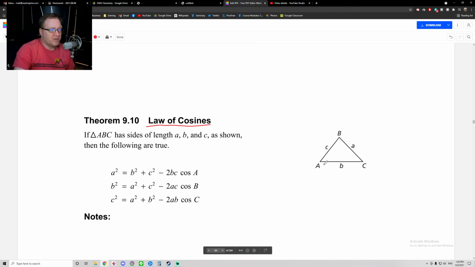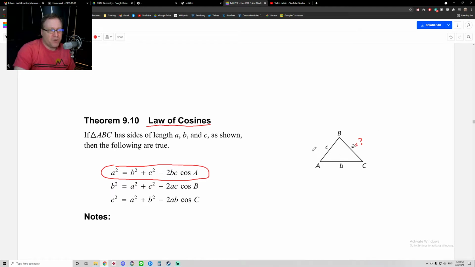So if we have a triangle like this, then the law of cosines tells us how to find the length of a side if we know the other two sides and the angle between them. So let's say we don't know what A is. A equals question mark.